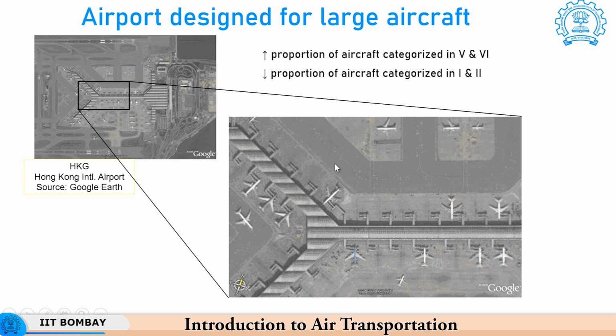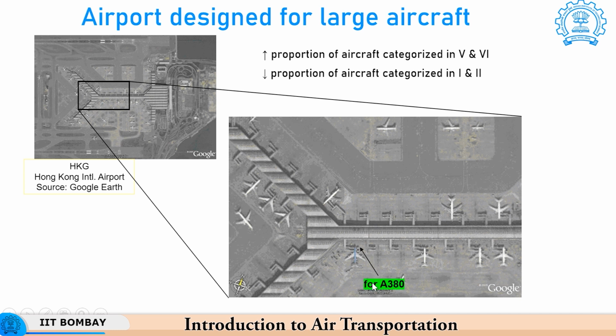So, if you have an airport that is designed for large aircraft, then a larger proportion of aircraft will be categorized in category 5 and category 6, and fewer of them will be in category 1 and category 2. So, here you can see there are few aircraft like this and like this which are small aircraft, all the other aircraft are large aircraft. Okay.